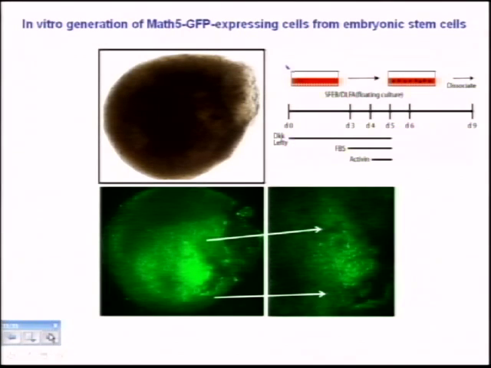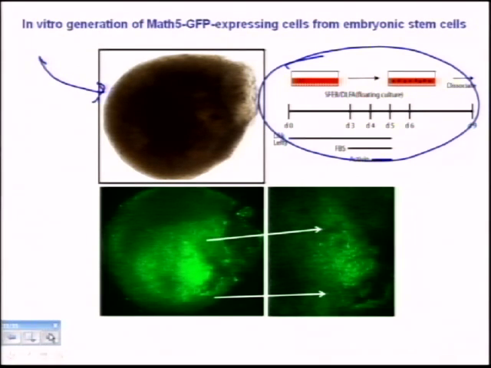I won't go into the details. If people are interested, I'll be glad to show you. But we go through a whole regime where we put in different growth factor components to get embryonic stem cells to differentiate into retinal progenitor cells that are expressing MATH5. So here's an example of what's called an embryoid body, where we've taken an embryonic stem cell cluster, a colony of embryonic stem cells, and turned it into a mass of differentiating cells by certain procedures.